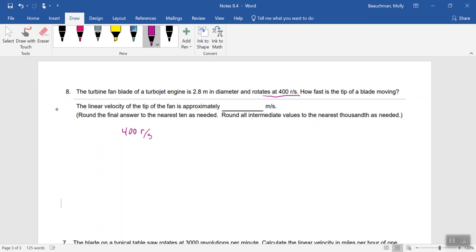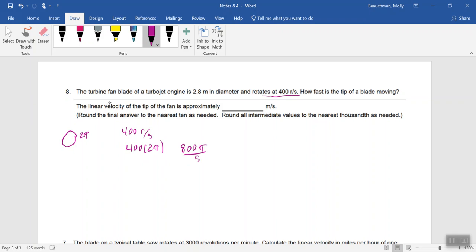Remember that one rotation all the way around is 2 pi. So if we're traveling at 400 revolutions per second, then the angle measure is 400 times 2 pi, which is 800 pi. That's the angle per second.